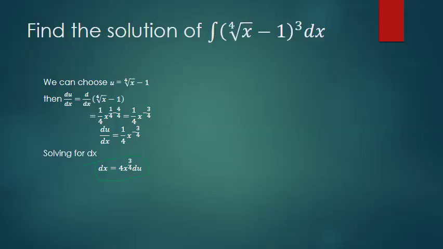Using this expression for dx, we can replace it in our original integrand, and we can use u instead of the binomial. So our integral can be rewritten as the integral of u to the 3 times 4 times x to the 3/4 du.